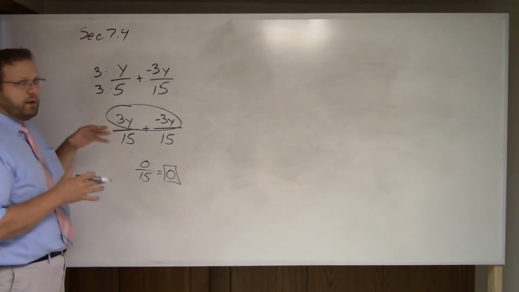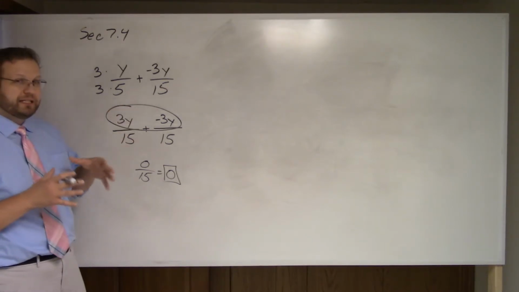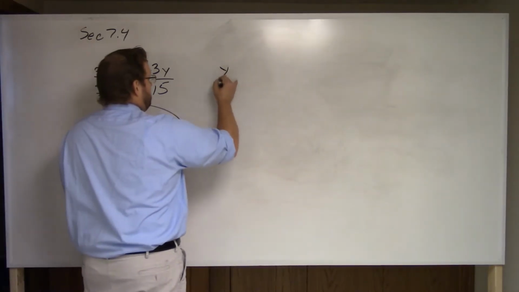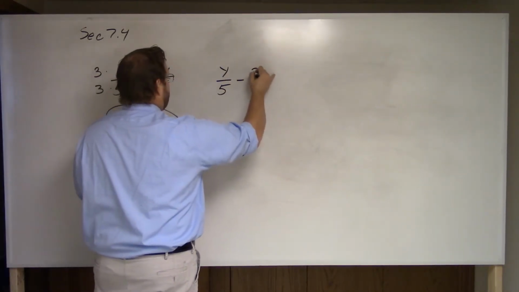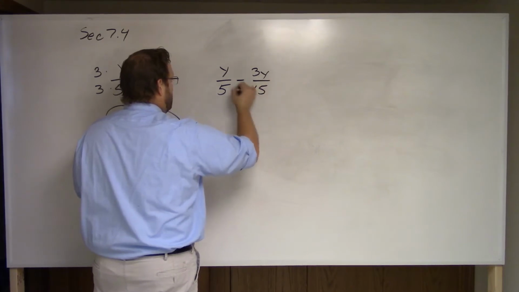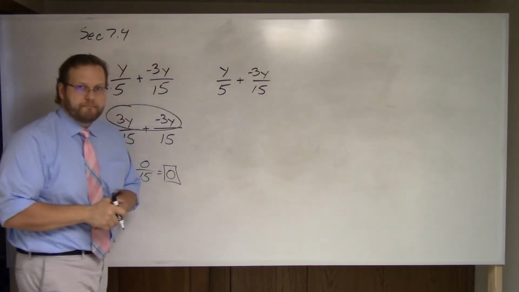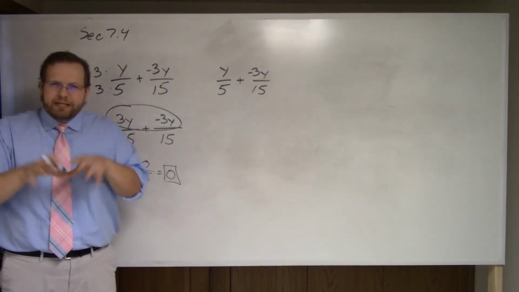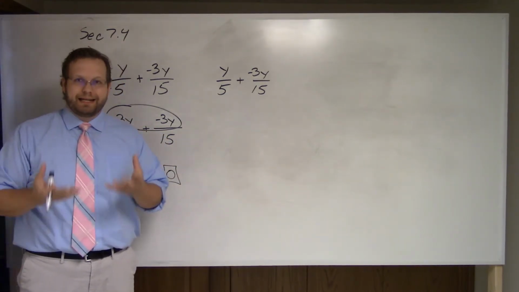Now, what I want you guys to realize with this problem is you did have another option to go through it. Let me show you what I mean. Okay, again, switch that, and we're here. Remember the key is we need a common denominator. Why we need a common denominator is to make sure that we're adding like pieces.